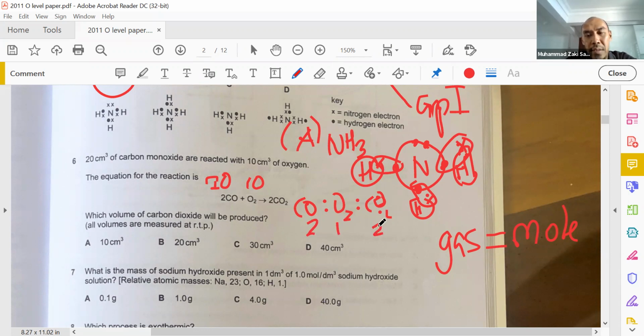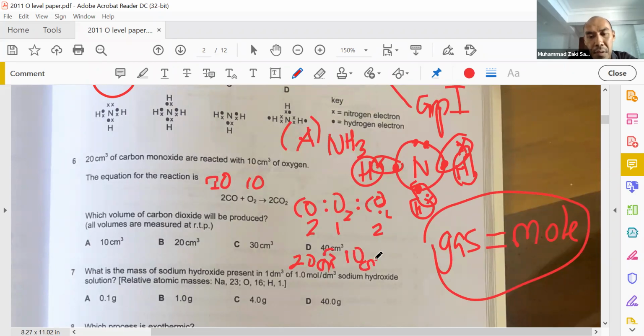Since for gases, gas volume can be equivalent to mole, if carbon monoxide is 20 centimeter cube, it needs 10 centimeter cube of oxygen, and this one should be 20. So the answer should be 20, right?